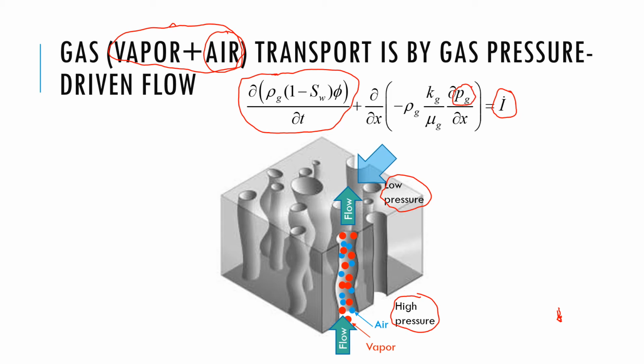This equation is solved to get the pressure. This term is known because it has the saturation of water, which is solved from the water transport equation. In reality, of course, they're all solved together, but we can think of the saturation of water as known. So in this equation, we're really solving for the pressure.